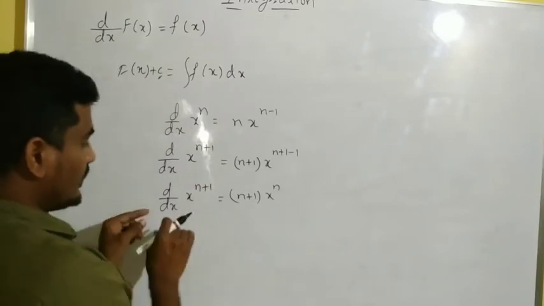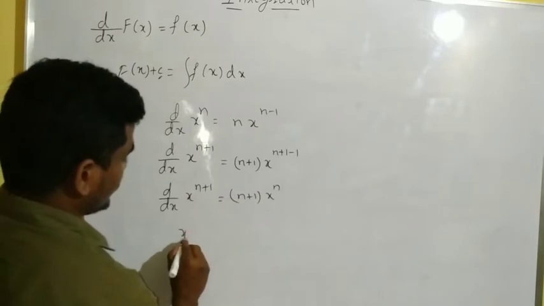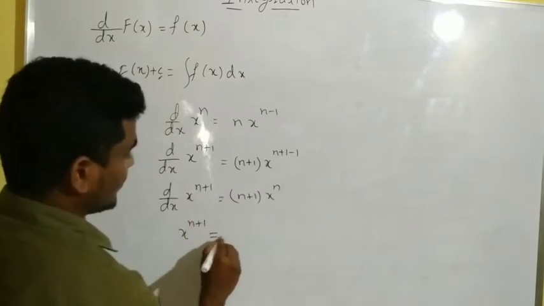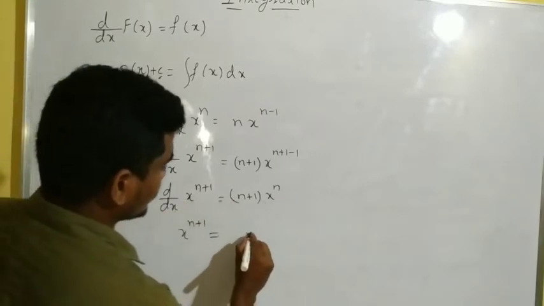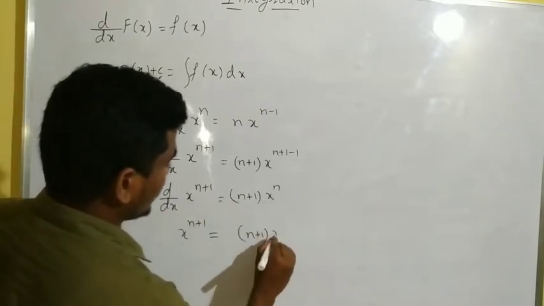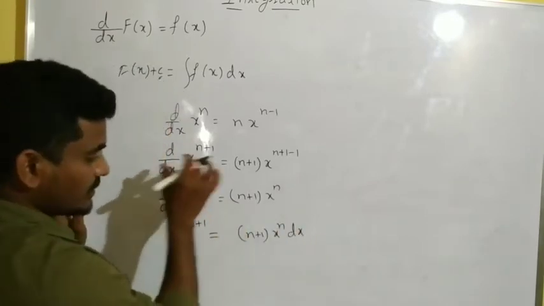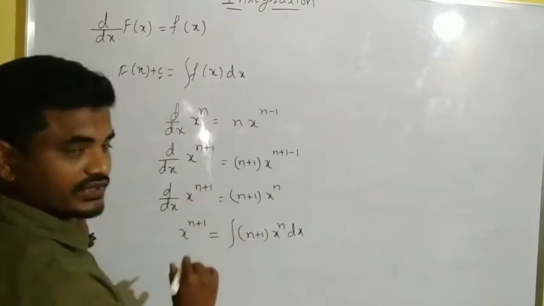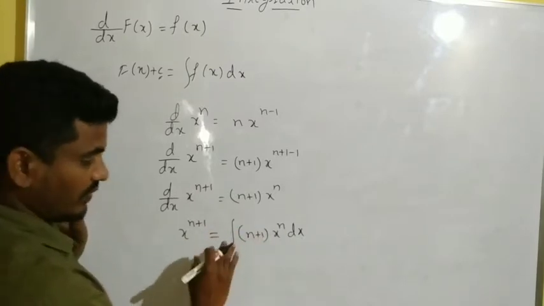And next, dx and d I am sending to the right side. x to the power of n plus 1 will be on the left side, and dx when I send here, n plus 1 x to the power of n dx, and d also when I send, it comes as integration, and n plus 1 is a constant, so it comes in front of the integration symbol.